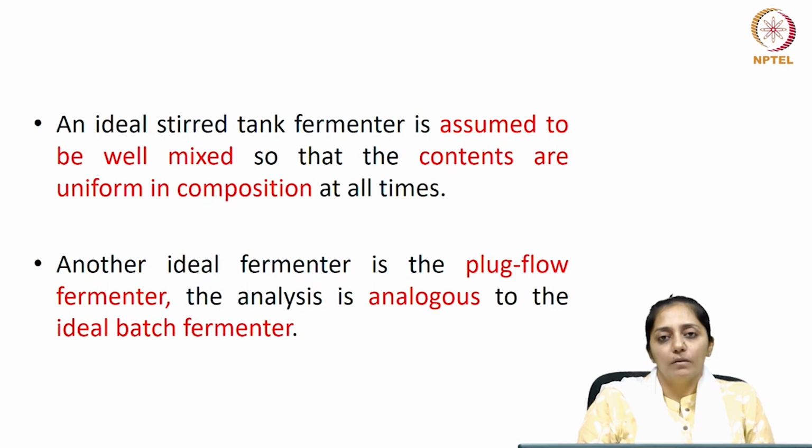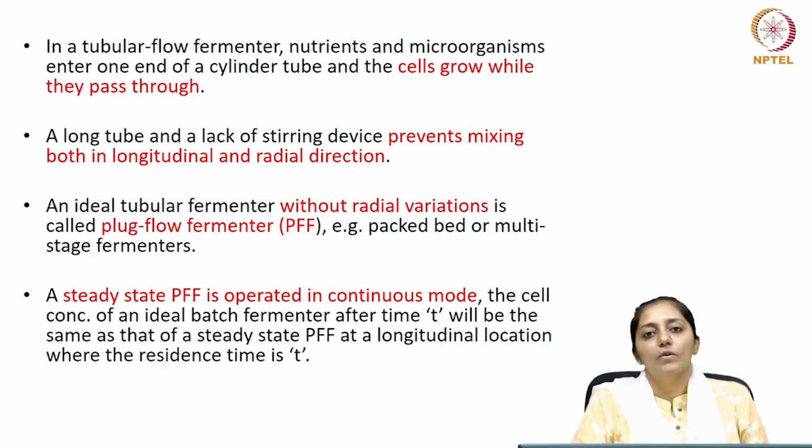Now, apart from the well-mixed stirred tank reactor configuration, which is assumed to be ideal when it is well mixed so that the contents are uniform in suspension all the time, another ideal fermenter is the plug flow fermenter, and the kinetics is analogous to the ideal batch mixed flow fermenter. So what is a plug flow fermenter?